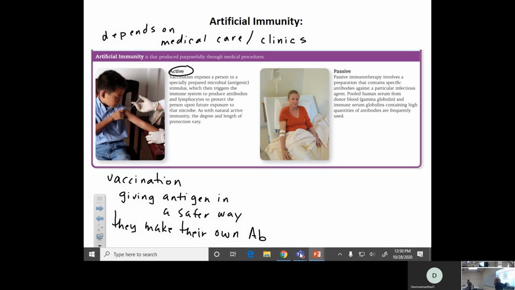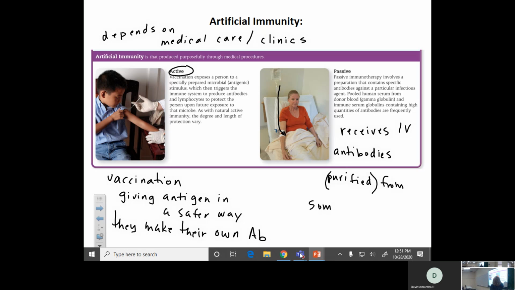There's also a way that you can artificially give people acquired immunity in a passive way, which is the person receives IV, like intravenous, antibodies that were purified from somebody else. And some of that's happening right now with COVID disease management.